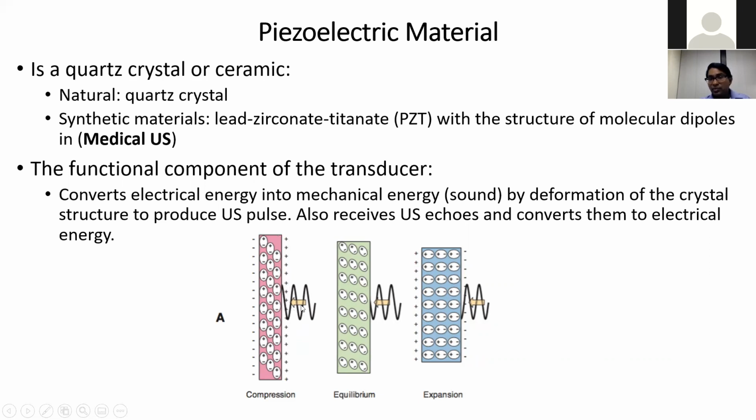That's how the dipoles arrange themselves in a compression. Similarly, when they are expanding, they become horizontal, where the positive and negative dipoles are arranged such that there's a negative charge on the front face.